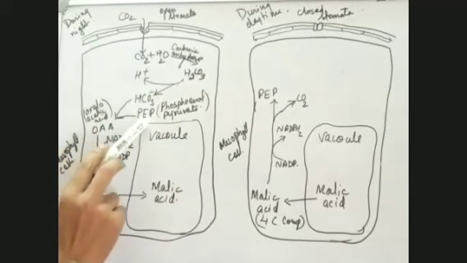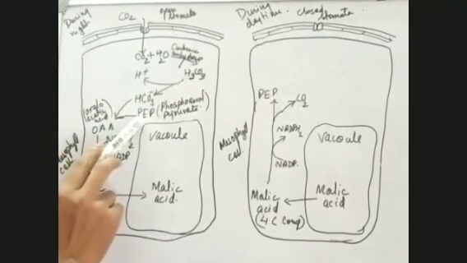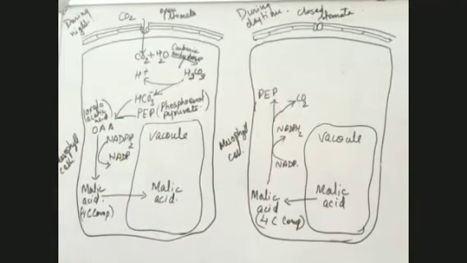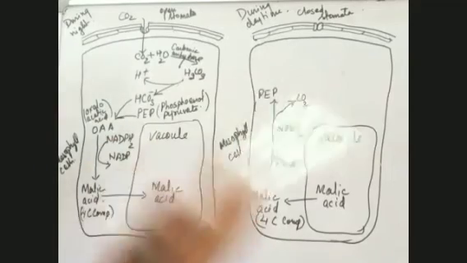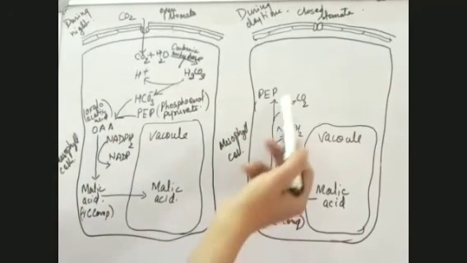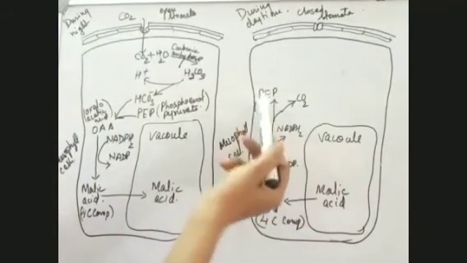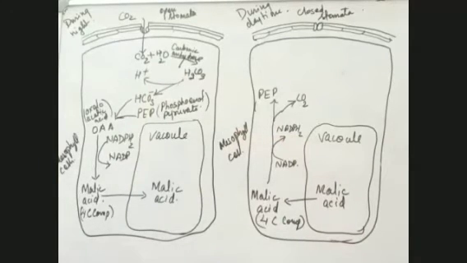This will be accepted by PEP. So there should be a continuous supply of PEP, which is done like this. Malic acid dissociates to form carbon dioxide and PEP. So a continuous supply of PEP should be there to accept the bicarbonate ion.